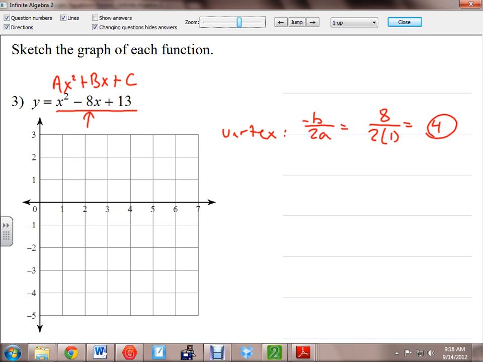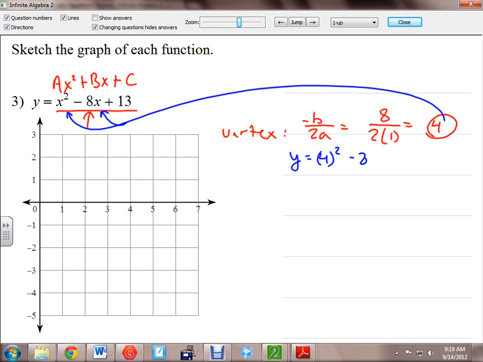In order to find the y value, what we do is we plug the 4 in for x, because these are the x values, and you can get any y value of any point by plugging in x. So we'd say, well, y would then be equal to 4 squared, which is your x squared, minus 8 times 4, which is your x again, plus 13. And we do some calculations.